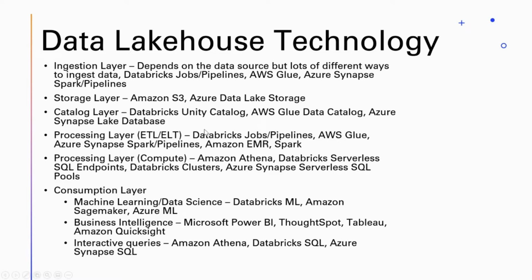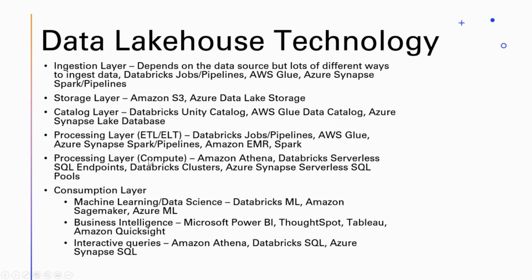And here is what we discussed in the ingestion layer. So you've got your Databricks jobs, pipelines, AWS Glue, Azure Synapse again, and then Amazon EMR or Spark. And Spark is something you might hear quite a bit of, but basically Spark's used in quite a lot of these different ETL platforms.